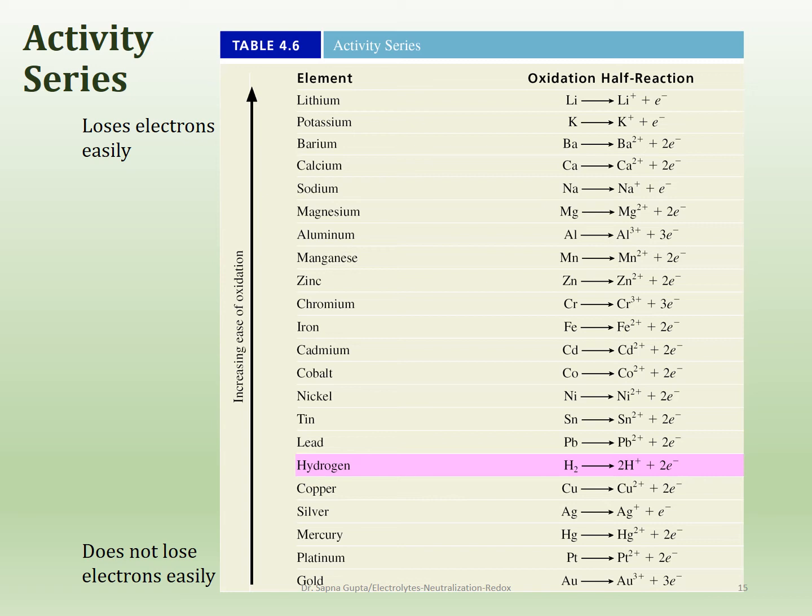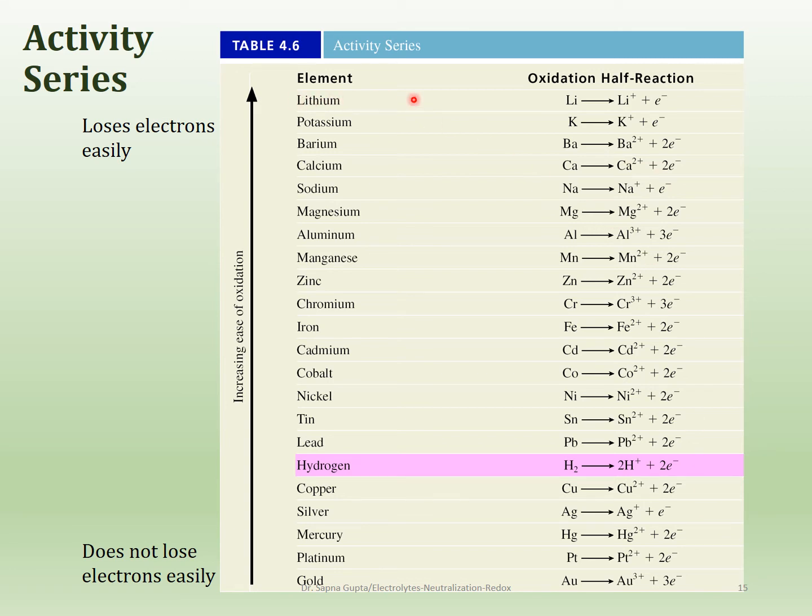Because technically copper is a metal, and if copper is a metal, it should only give electrons and not take electrons. So I was wrong. No, I was not wrong. This is all based on the activity series, which means that there are some metals that are capable of giving electrons much more readily than other ones.